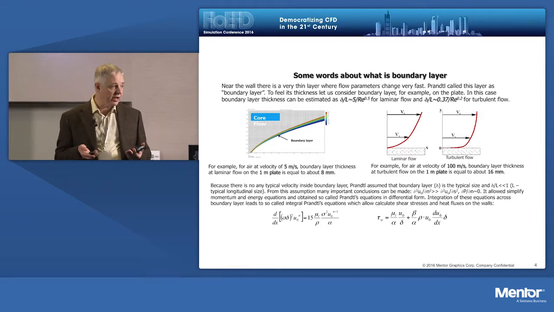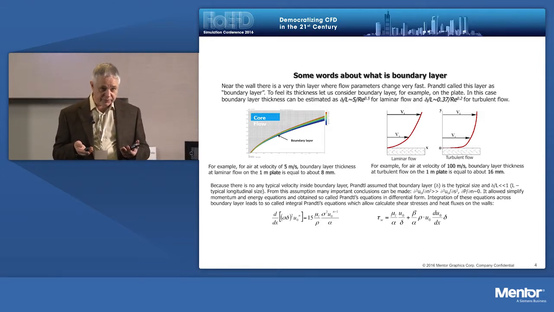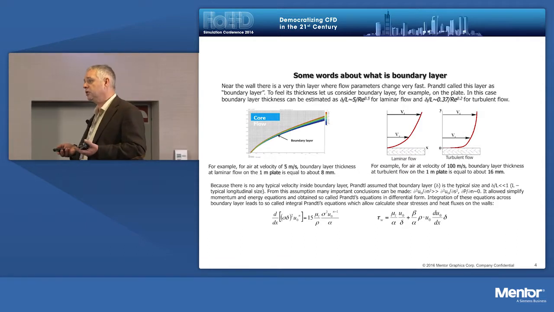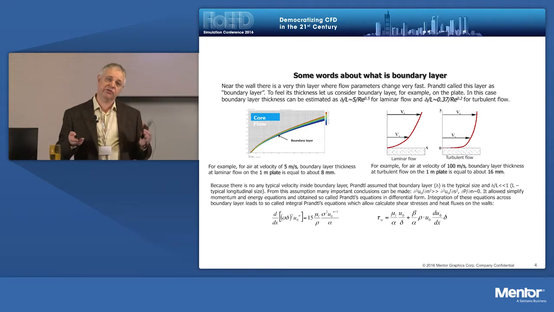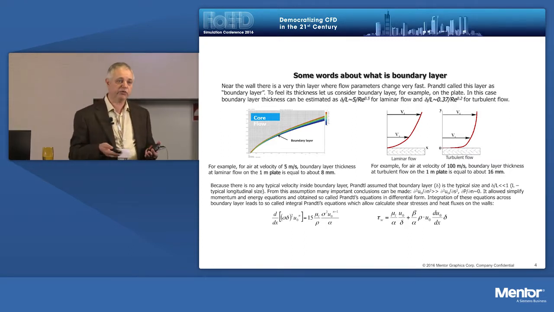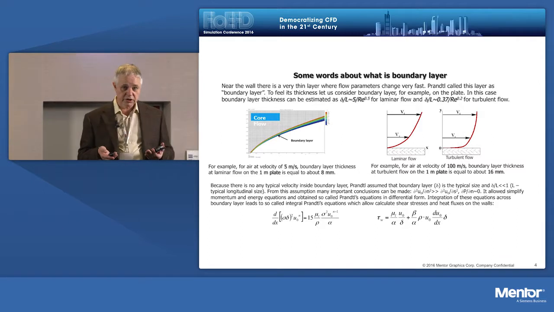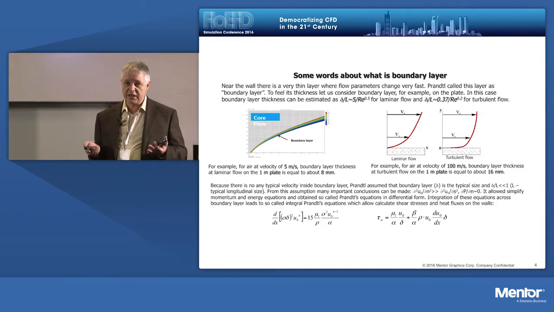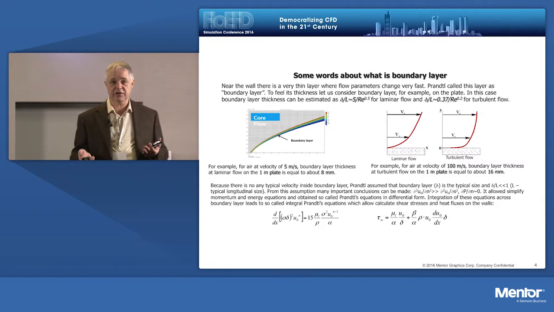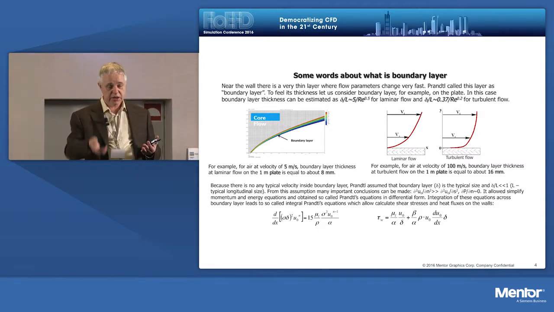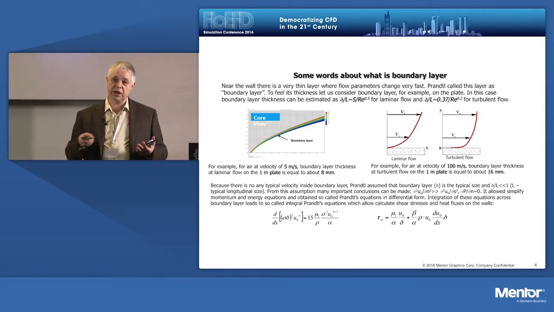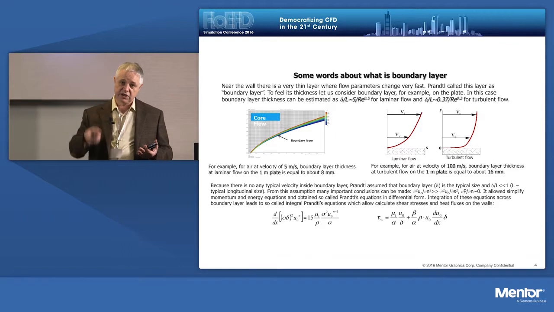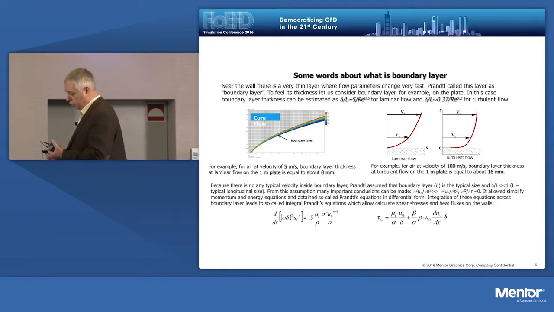Is it possible to have some workaround? Of course, yes. Prandtl, about 100 years ago, plus or minus, developed the so-called theory of the boundary layer, which is based on two main ideas. One idea is that the pressure gradient across the boundary layer is negligible, and another is that gradients across the boundary layer are much smaller than gradients along the boundary layer.